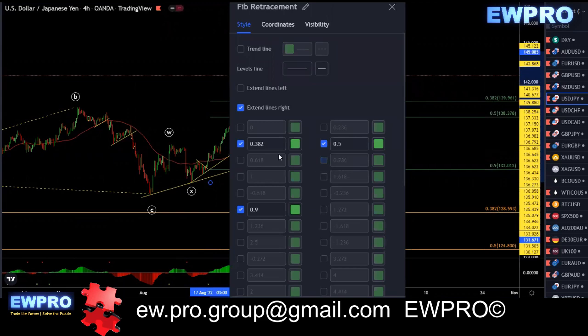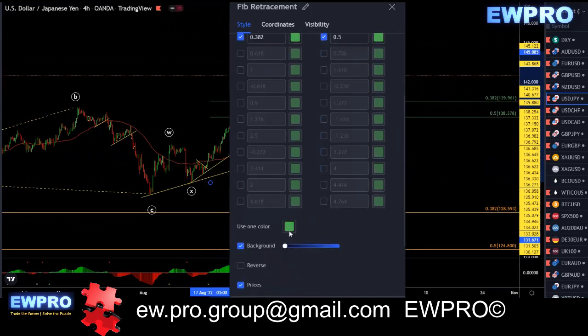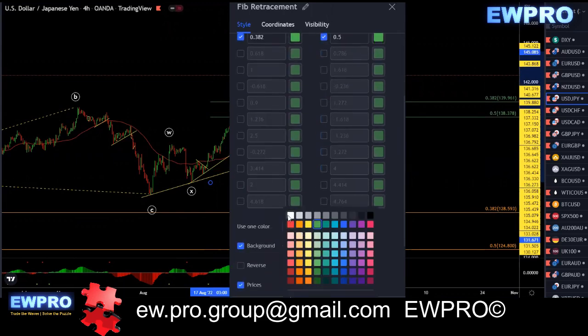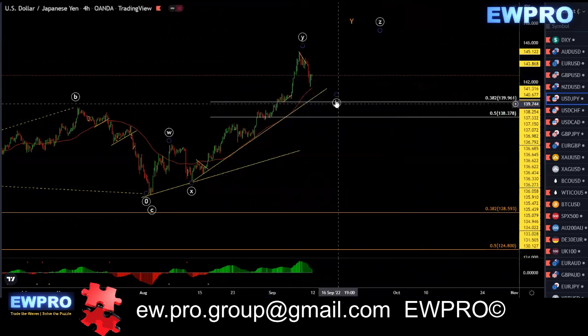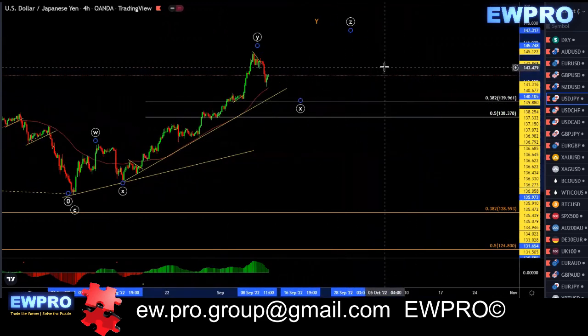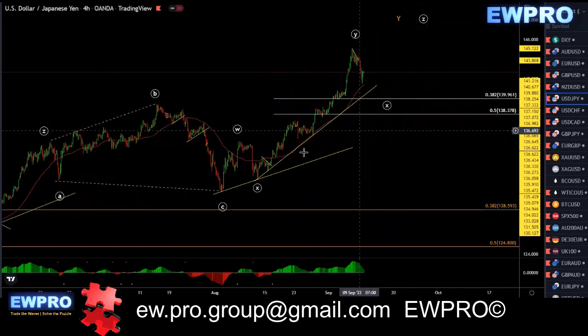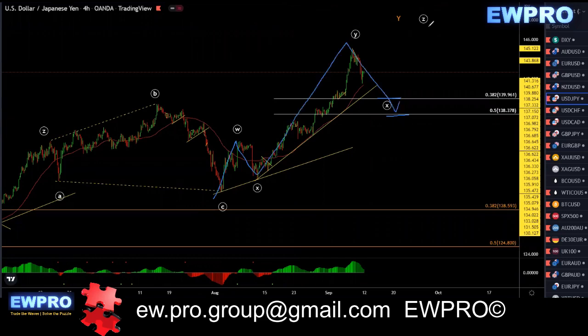I'll quickly put this on. So we're looking for that retracement down to the 38.2 or the 50 fib for a WXY X2 and then the Z up.